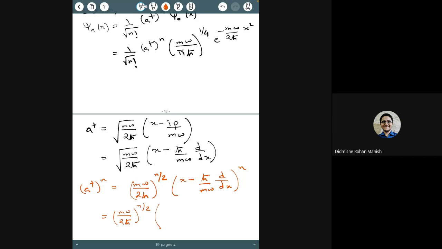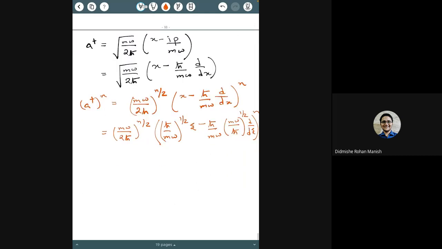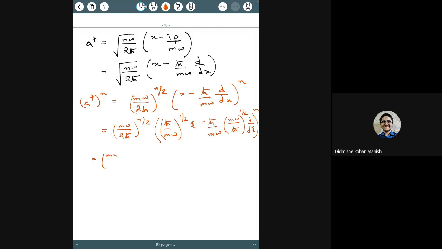Xi was root of m omega by h cross times x, so I can write x as h cross by m omega to the power half times xi. And d by dx means the reverse, so I have m omega by h cross to the power half, d by d xi. This is equal to m omega by 2 h cross to the power n by 2.